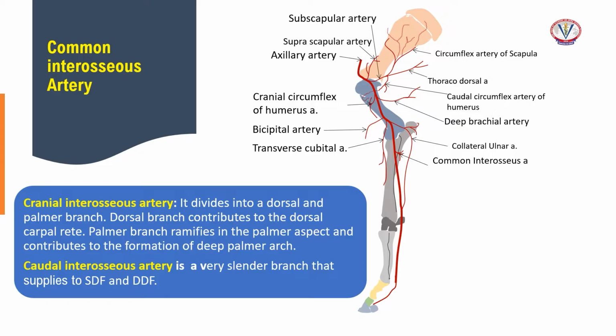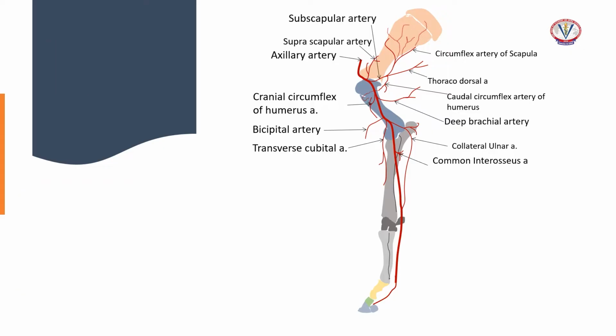The caudal interosseous artery is a very slender branch supplying the superficial digital flexor and the deep digital flexors. The median artery is the distal continuation of the brachial artery following the origin of the common interosseous artery. It gives collaterals to the biceps brachii, pronator teres, brachialis and extensor carpi radialis.